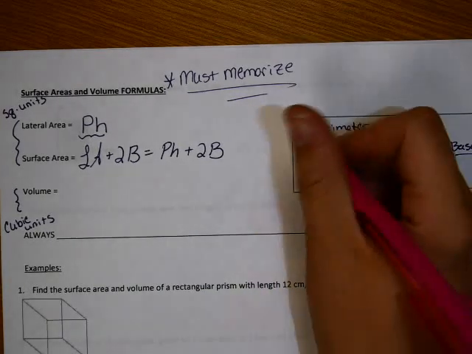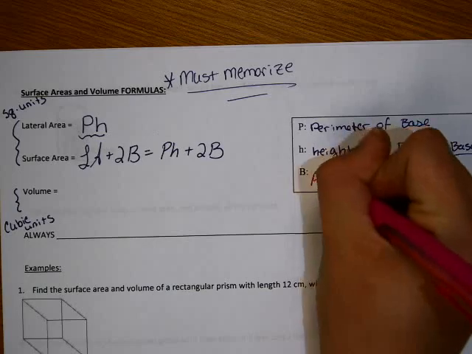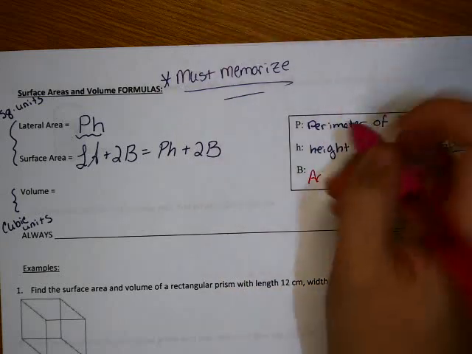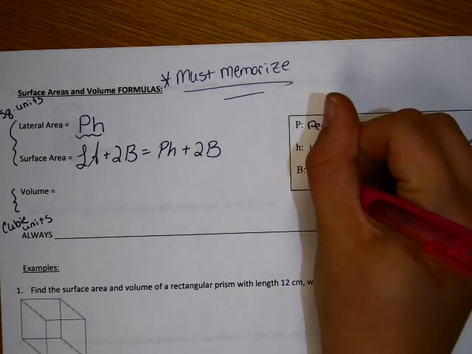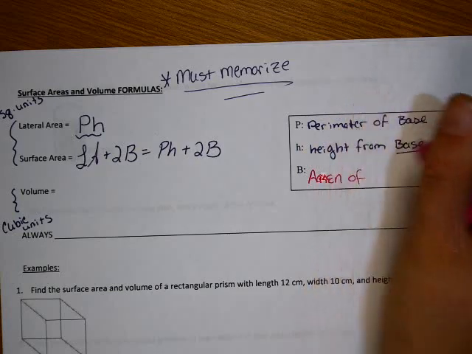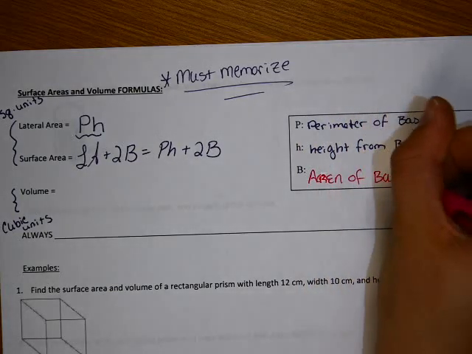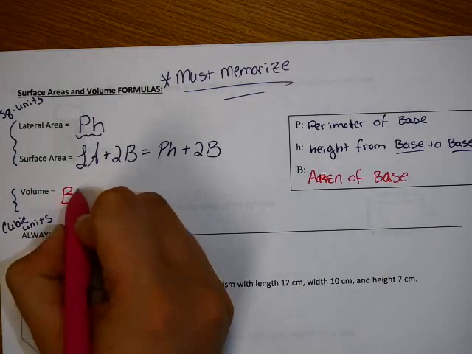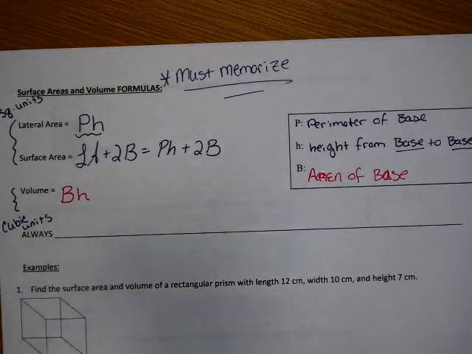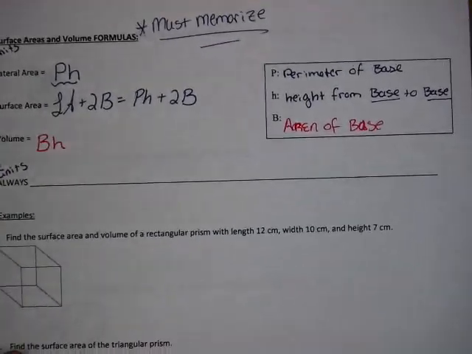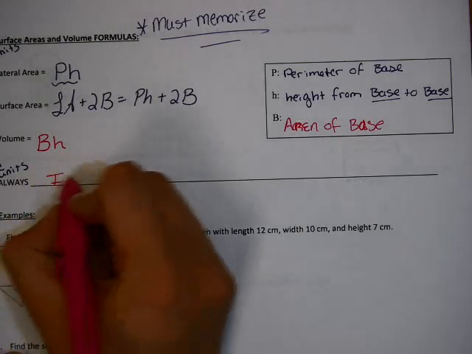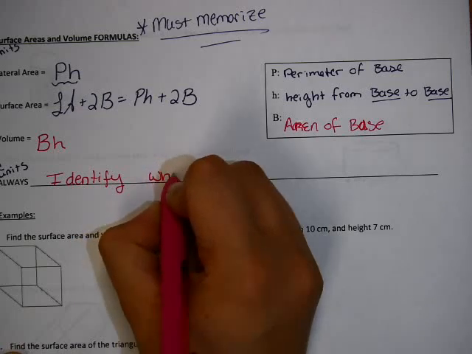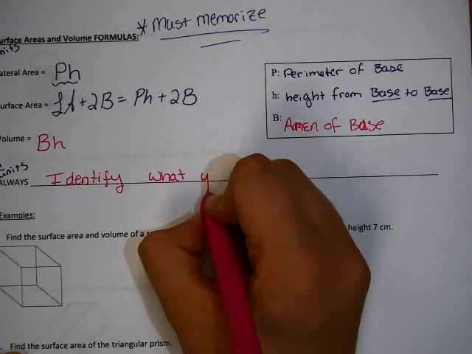And capital B, we say, is the area of the base. So our volume equation will be the area of the base times the height. Okay, so for each one of these, you always want to identify what exactly your base is first.